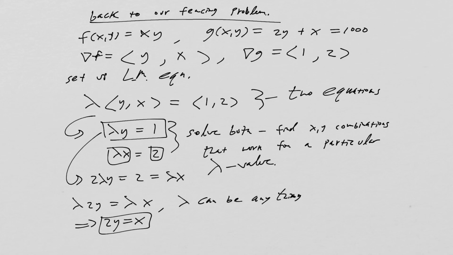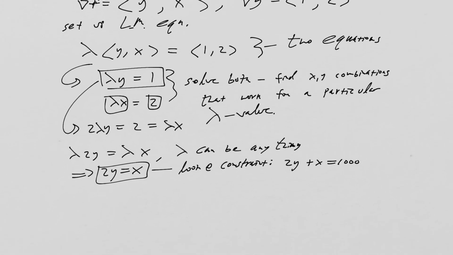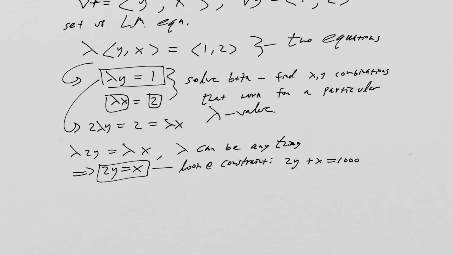All right, so now we have to go look at the constraint. We plug this into the constraint equation, and anywhere I see an x, I can put 2y in its place. So we have 2y plus 2y is equal to 1,000.